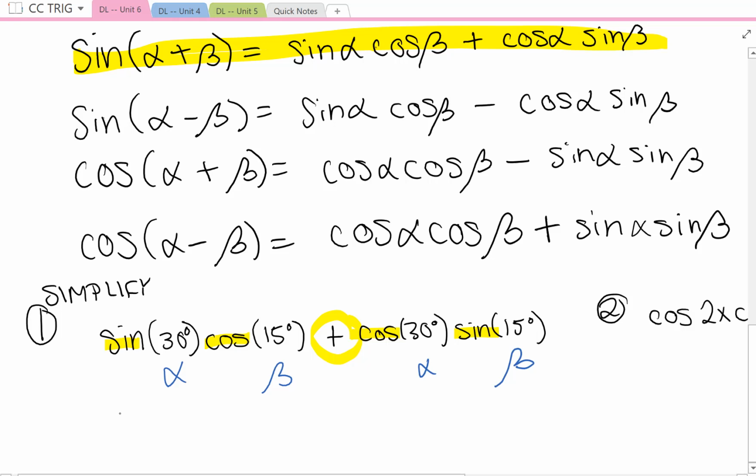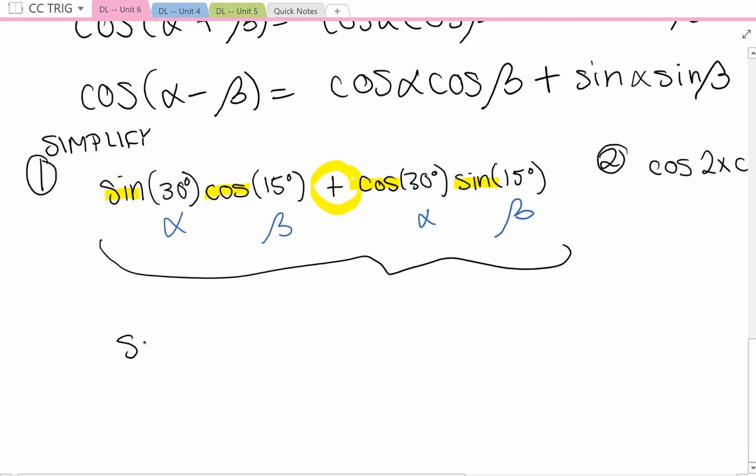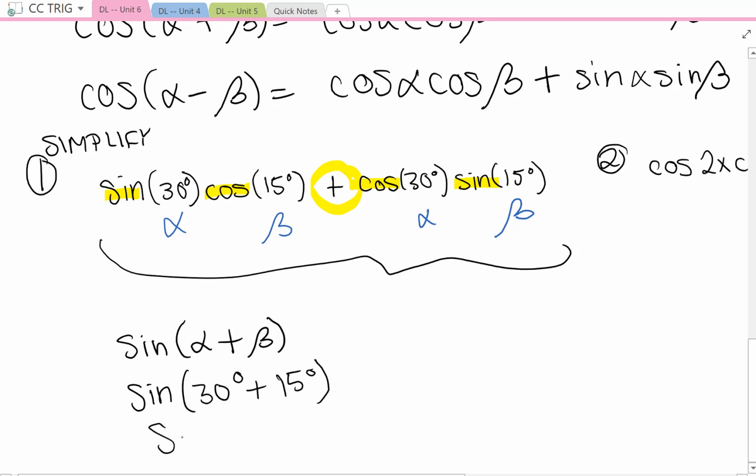Sine of alpha plus beta is what this entire expression is equal to. So plug in the values that we found for alpha and beta that we chose. Alpha is the 30-degree angle and beta is the 15-degree angle.